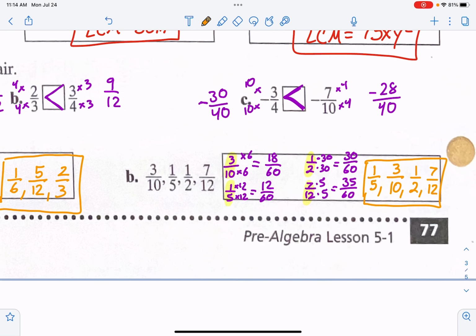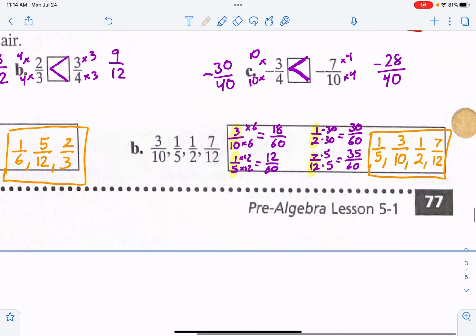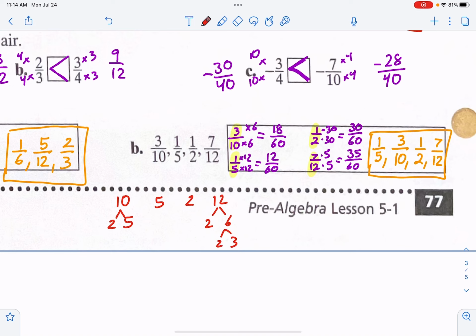Again, if you're struggling with figuring out what the least common denominator would be, like what you should put them all over, you can go back to that least common multiple that we did on a previous lesson. So like if we made trees for this, 10 is 2 and 5, 5 is just 5, 2 is just 2, 12 is 2 and 6, 2 and 3.